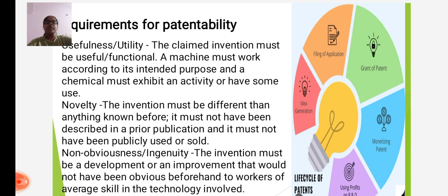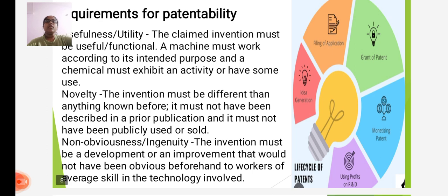Novelty: the invention must be different from anything known before. It must not have been described in a prior publication, and it must not have been publicly used or sold. Non-obviousness or inventiveness: the invention must be a development or an improvement that would not have been obvious beforehand to workers of average skill in the technical field involved.